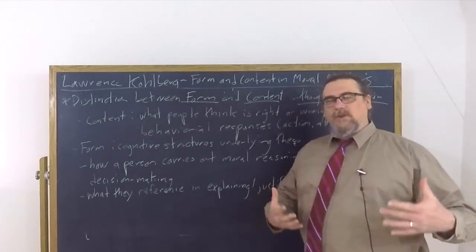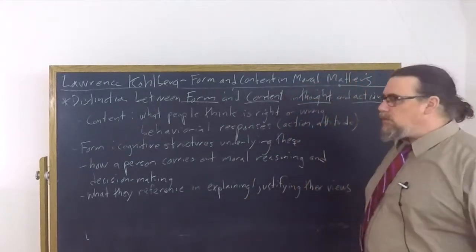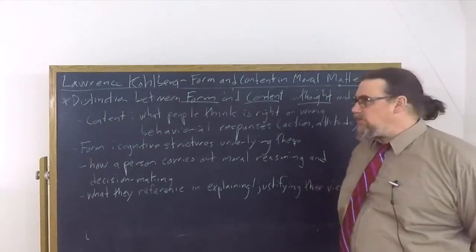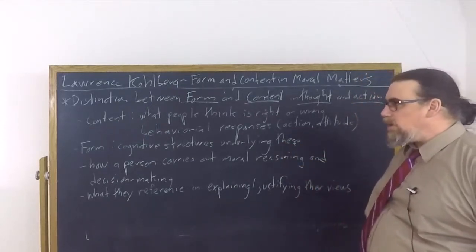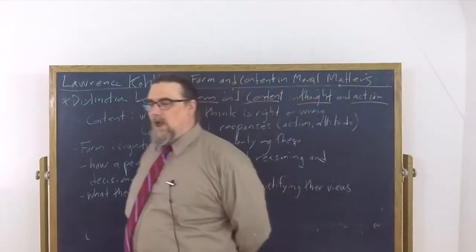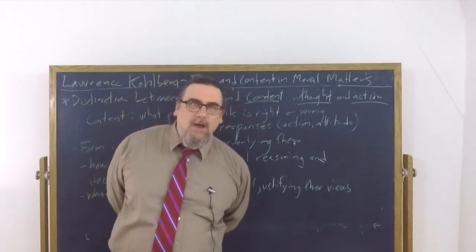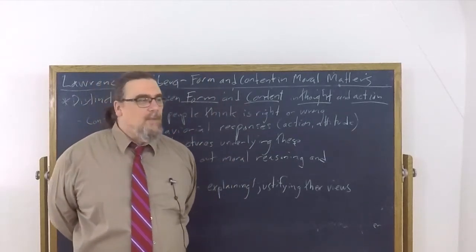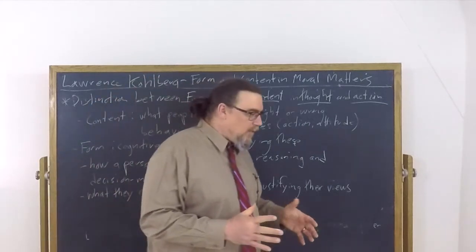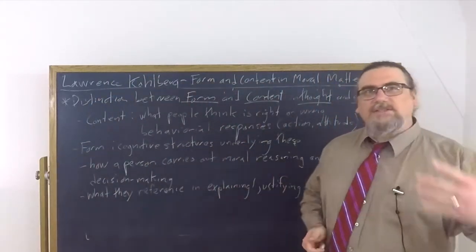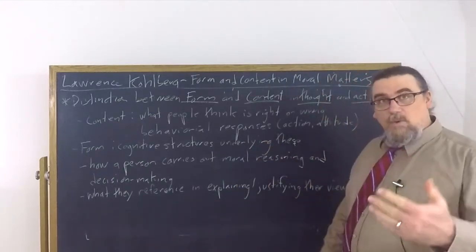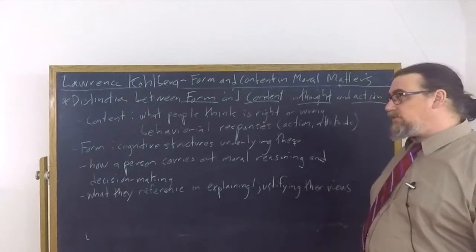Now, how do we translate all that jargon into moral theory? Really, what we're talking about here is how a person carries out his or her moral reasoning and decision-making, whether it's their own, whether it's a proxy for somebody else, whether it's about some hypothetical case that is put in front of them. This is the form, the thought process that they go through and then set down in words so that we can all see it.